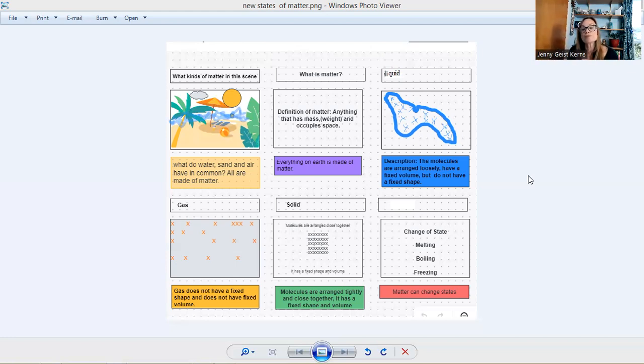And that's the difference between, say, a liquid and a gas. For example, if you look on the bottom left-hand side, you see gas does not have a fixed shape, and it doesn't have a fixed volume. Do you see the little yellow X's? They're all over the place. They're not tied together. They're not in a boundary like you would see in the liquid diagram at the top.